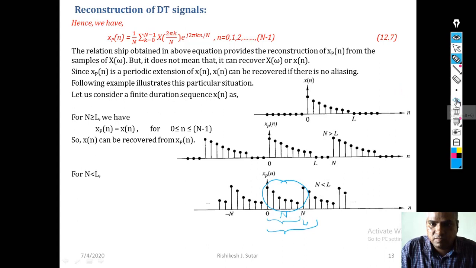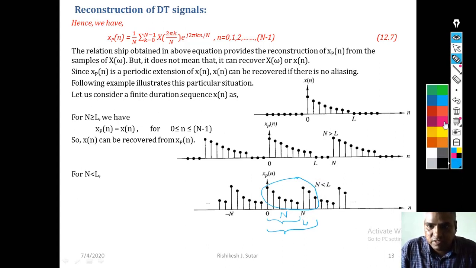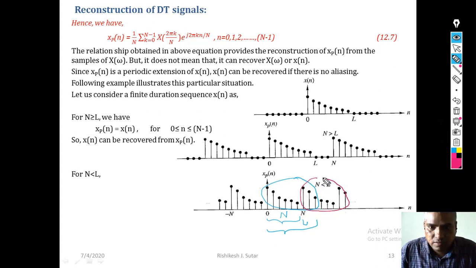You cannot separate out the capital L samples, because this is the first cycle, and this is the second cycle. In between these two cycles there is an overlapping, and because of this overlapping I cannot separate out the original signal from xp of n.